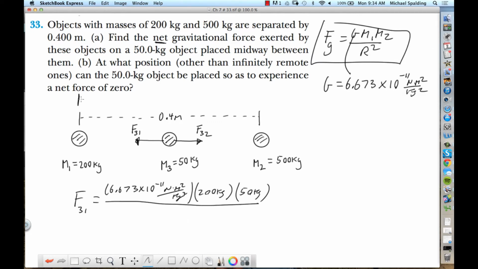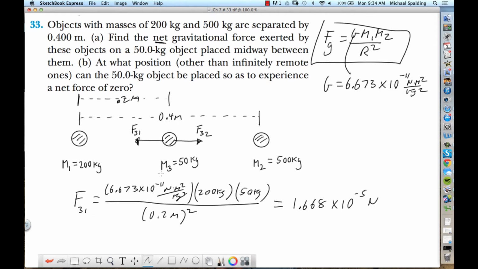The distance from M1 to M3 is going to be 0.2 meters. 0.2 meters. And make sure you square that. Oh my gosh, I can't even tell you how common it is, like on the midterm or on quizzes, where kids forget to square the r. You got to square it. Okay, so you do that. F31 comes out as 1.668 times 10 to the negative fifth.